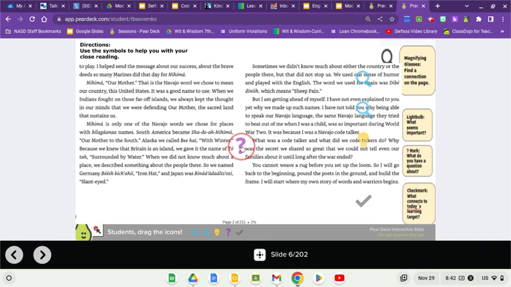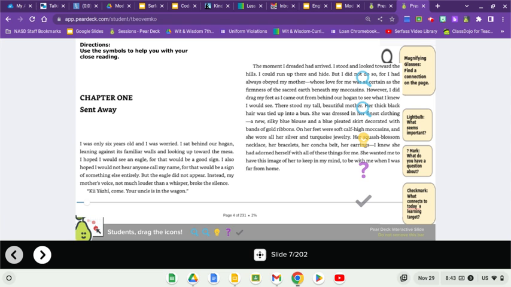Why was the secret we shared so great that we could not even tell our families about it until long after the war ended? You cannot weave a rug before you set up the loom. So I will go back to the beginning, pound the posts in the ground, and build the frame. I will start where my own story of words and warriors begins.